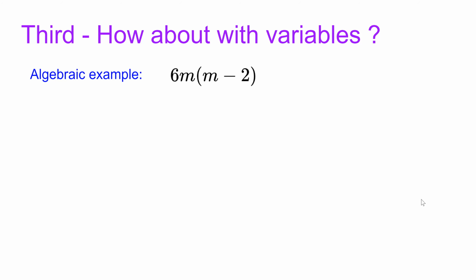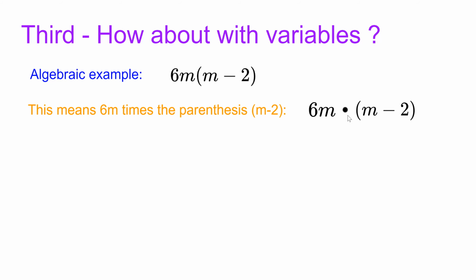Well, this is an example of a monomial, 6m, times a binomial, m minus 2. Remember, there's always a hidden multiplication, so go ahead and put the multiplication sign in the middle before the parentheses. Now the m has a coefficient of 1.